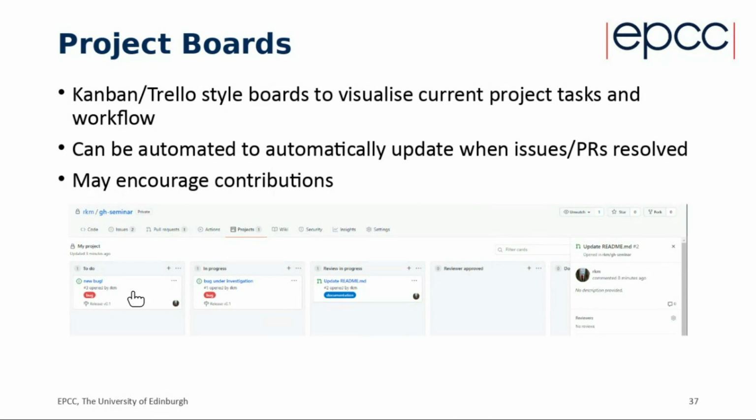You can have it set to automatically move cards around as pull requests or issues are opened and completed. If you have an open source project that's public, having a project board visible can encourage people to come along and see, oh, this needs worked on, I could maybe do that. So it could be useful for encouraging contributions.